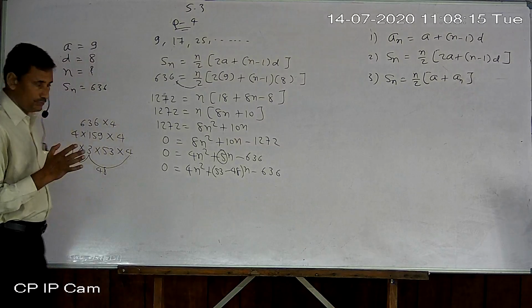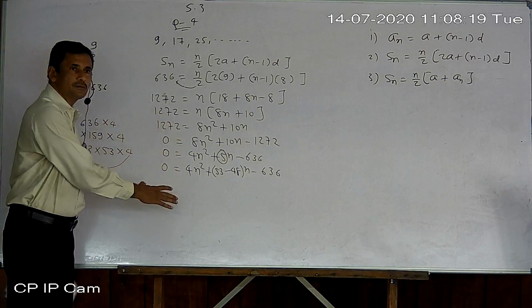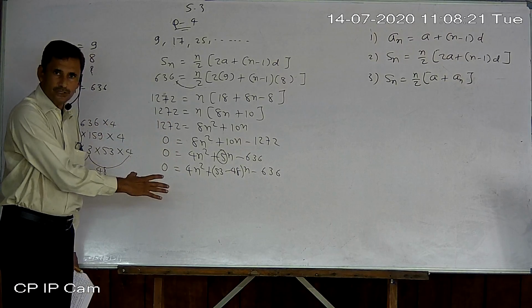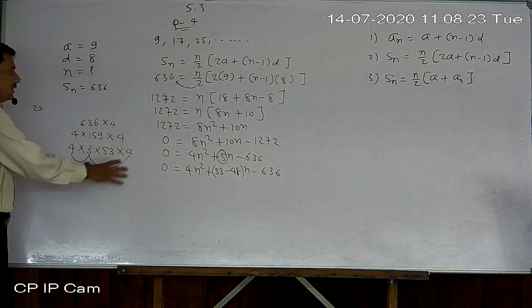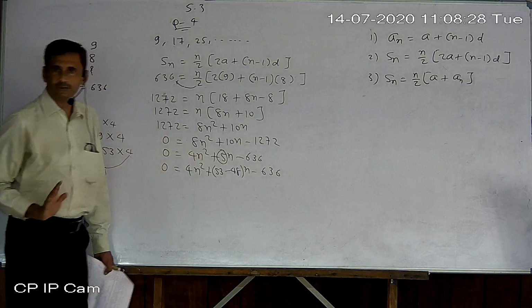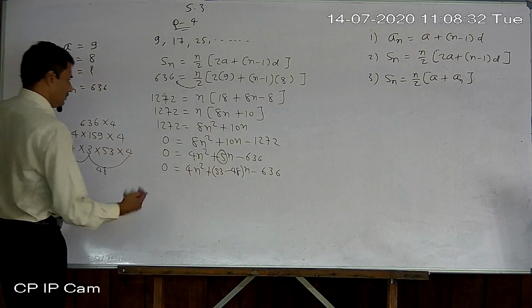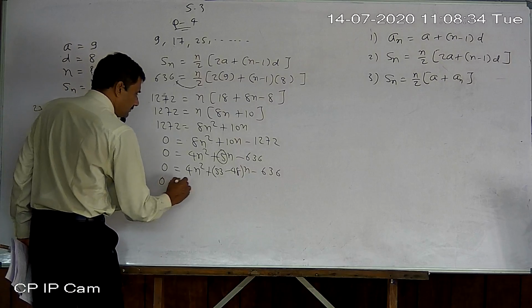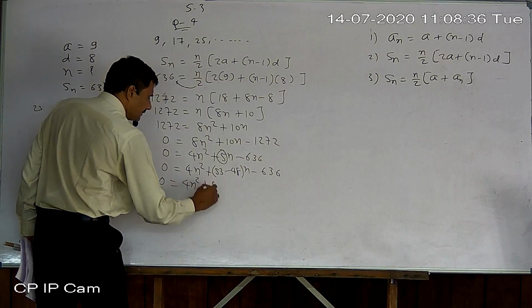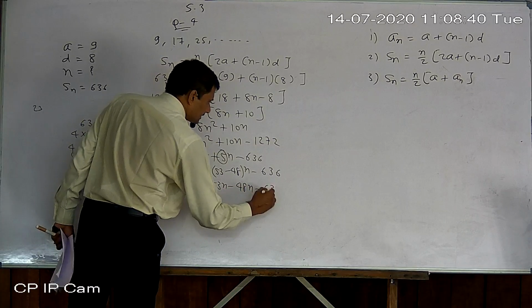Right now I am not discussing that method of solving quadratic equations. Now concentrate only on the factorization method. So now nothing is new, everything you know how to proceed: 8n square plus 53n minus 48n minus 636.